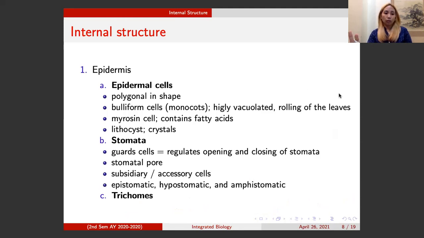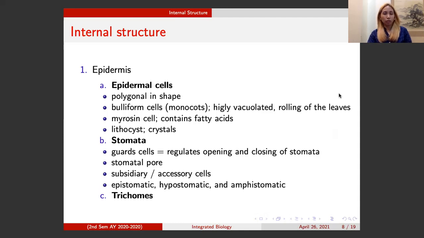Trichomes should have been discussed in the tissue discussion. Trichomes are outgrowths of the epidermal cells. They have different functions: protection, storage, what else? An area where water is released, and so on and so forth.